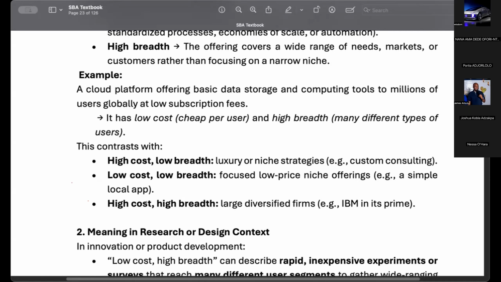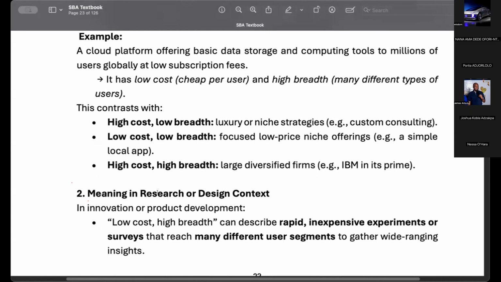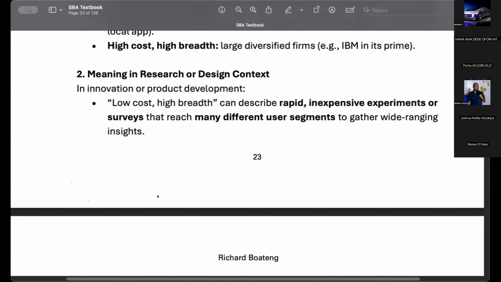Okay. Now, what does this mean if a person was doing research as a researcher? When you are doing product development or design, low cost hybrid can describe rapid, inexpensive experiments or services that reach many different user segments but gather wide-ranging insights.